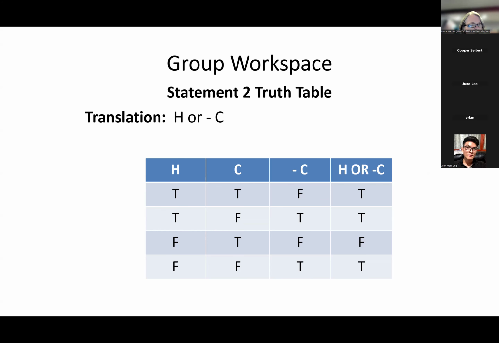Either the hammer was used or Carol did not do it. So we would be looking at row 2, and row 1, right?